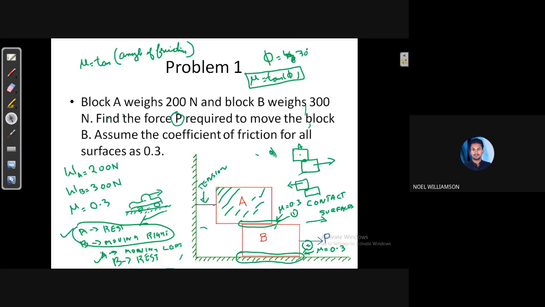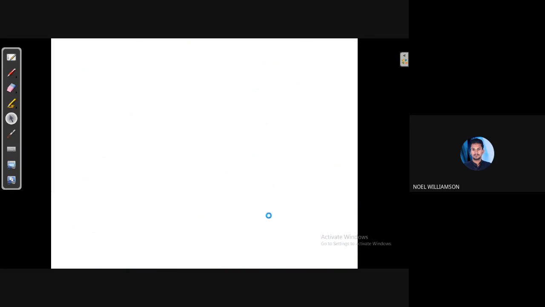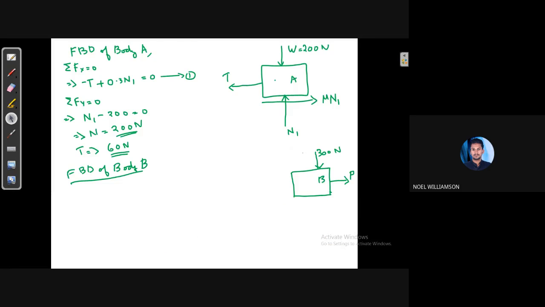Then there are two contact surfaces around B, that is 1 and 2. So for each contact surface, there will be a normal reaction acting towards that body. So here also there are two normal reactions. One is here and another is here. This is the normal for the surface 1.